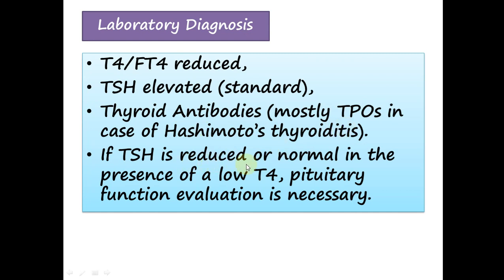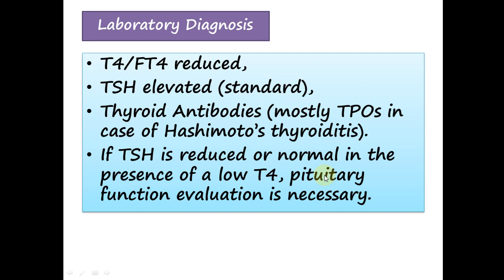And if TSH is reduced or normal in the presence of a low T4, or if the TSH is increased with an increase in T4, in this situation the pituitary function should be evaluated, because the problem may be in the pituitary.